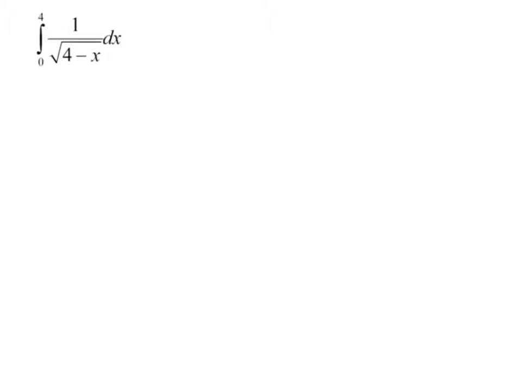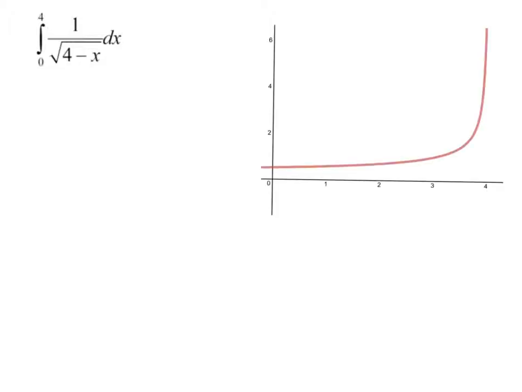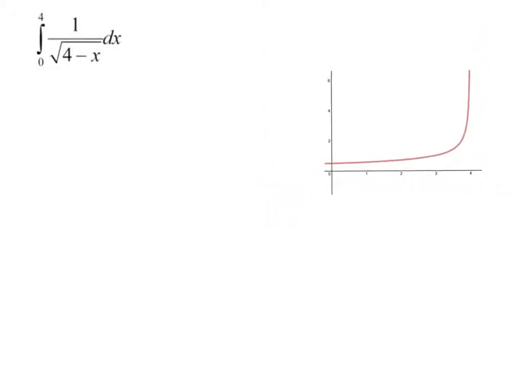So the question is, can we still find a limit to its area, even though it does not exist at its endpoint? Here I put in a graph, and you can see from 0 to 4 what happens, and we certainly have this asymptote, but the question again remains, can we find the limit to the area? Okay, so we're still going to need to use the correct notation.